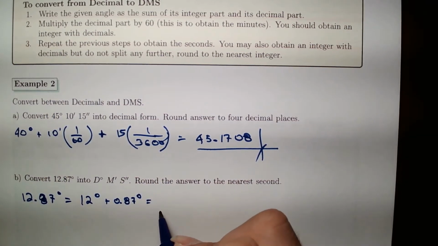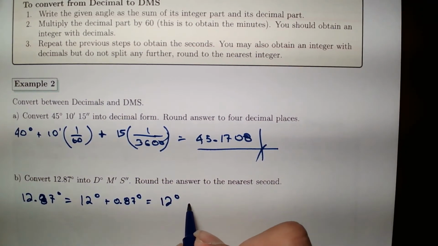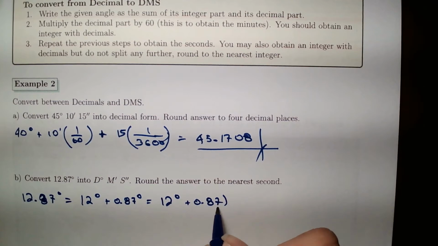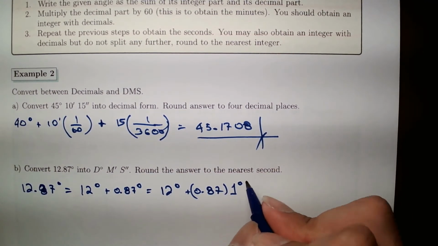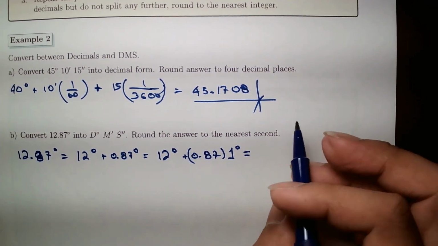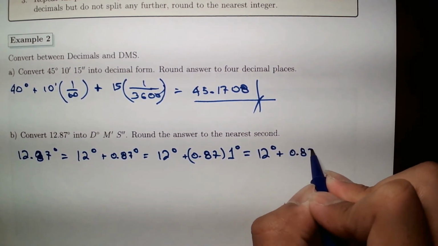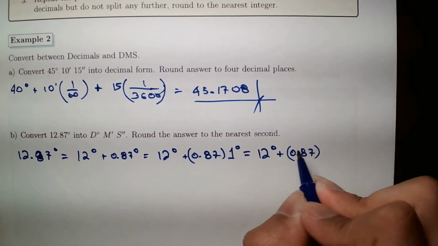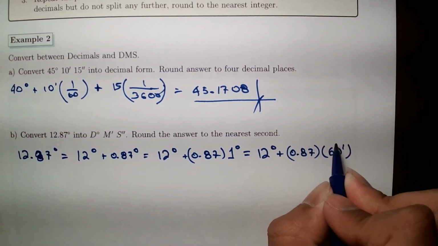Let me change the notation slightly first. So this is 12 degrees plus 0.87 of 1 degree. Then I'm going to convert this 1 degree into minutes: 12 plus 0.87 times 1 degree is equal to 60 minutes, and I'm going to multiply these two.